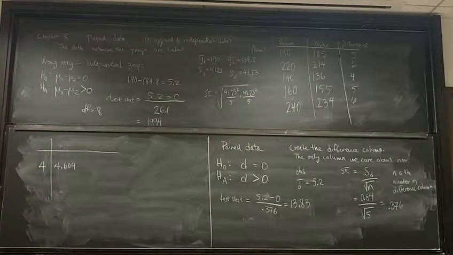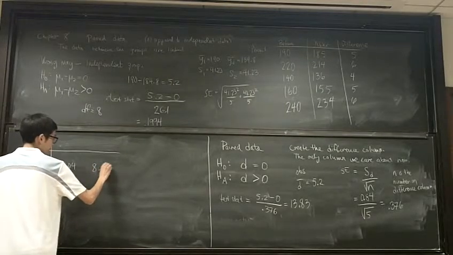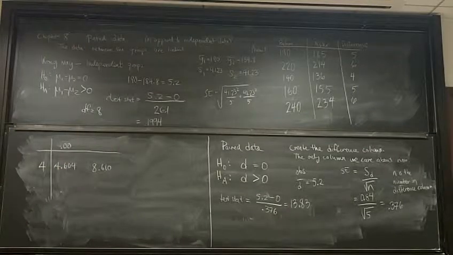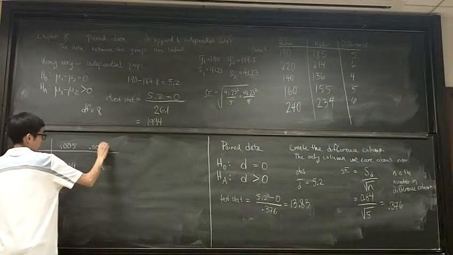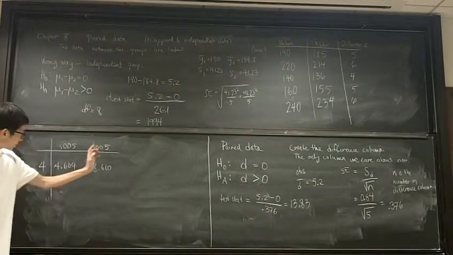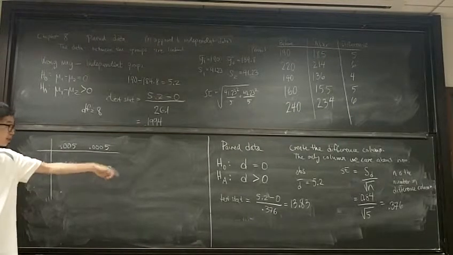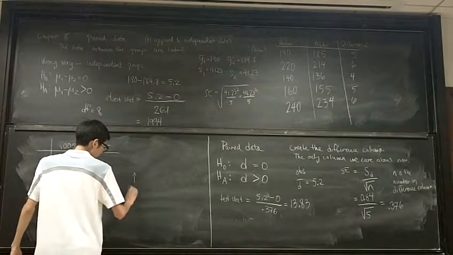and 8.610. And this is 0.00005 and 0.0005. Alright? And so this is 8.61 standard errors away from what we expect. I'm at 13.83, so I'm way out here, okay?